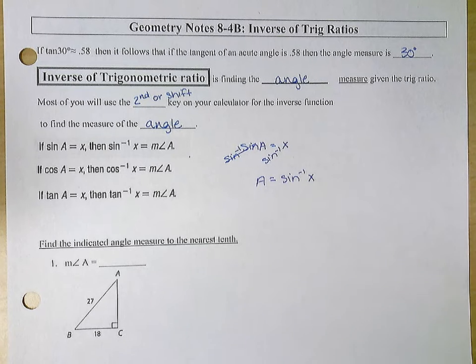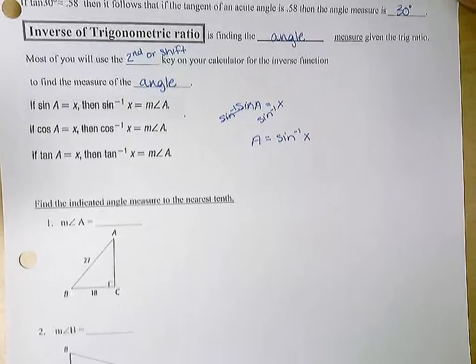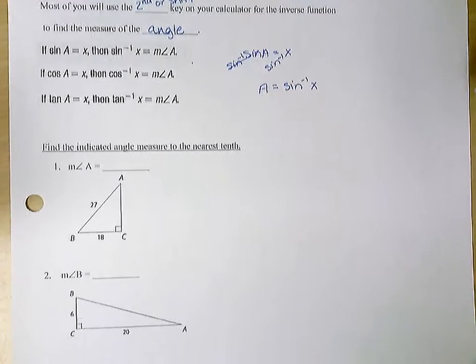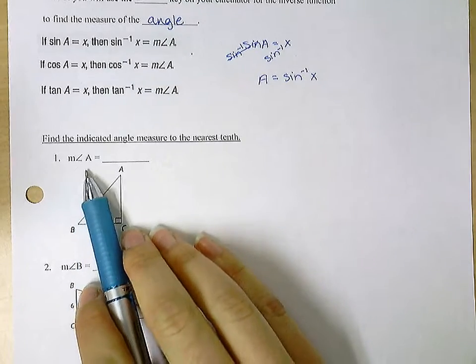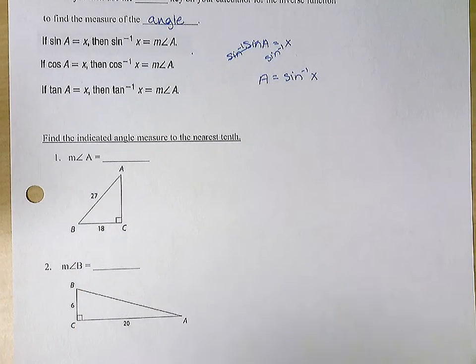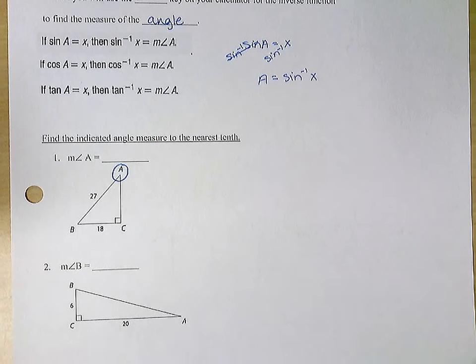So we are going to do some examples, and I think you'll understand a little bit better once I do that. So we want to find the indicated angle measure here, and I won't go up too fast. So number one, we want to find angle A. So whenever I'm trying to find an angle, again, I always circle my angle just so I know which angle I'm going from. Okay, from there, I want to label my sides just like we did yesterday.